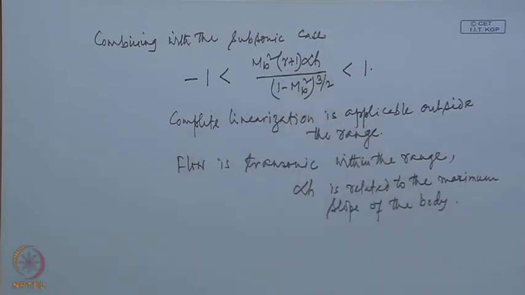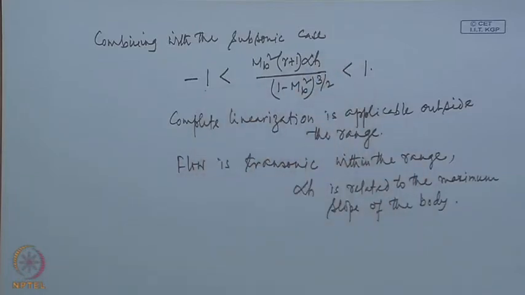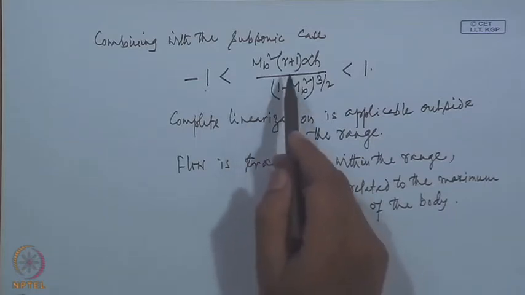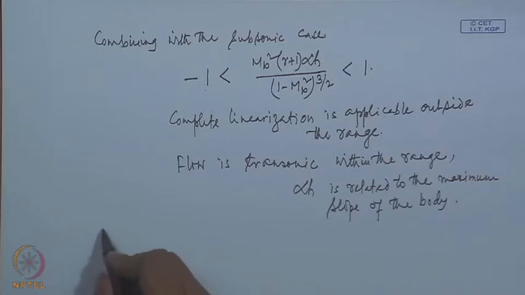So, we can replace this alpha h by the maximum slope, and this gives a concise definition of transonic flow.